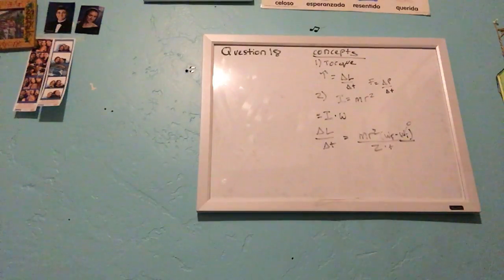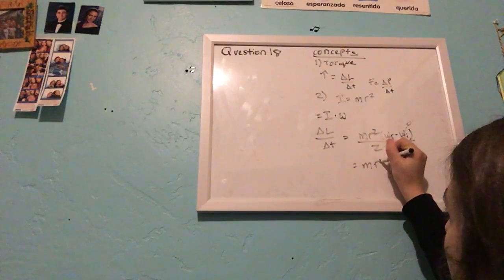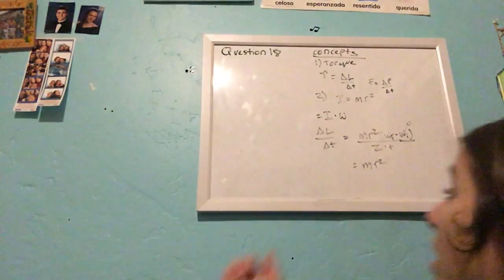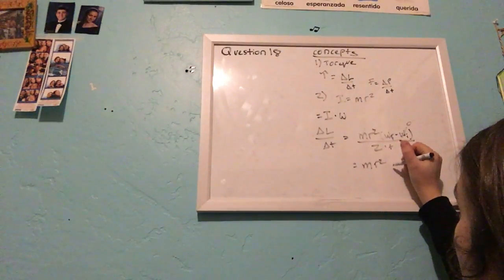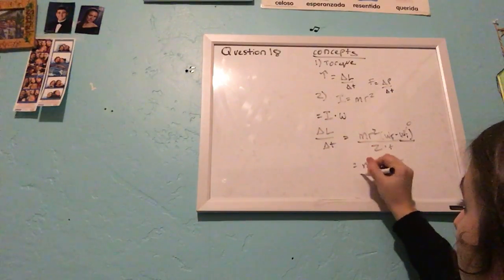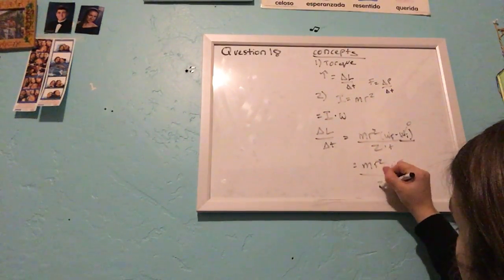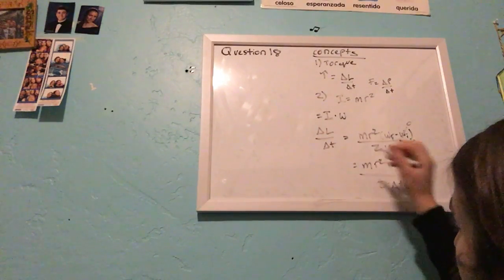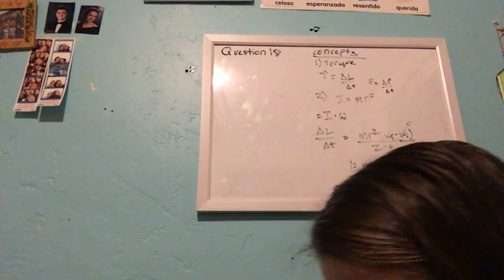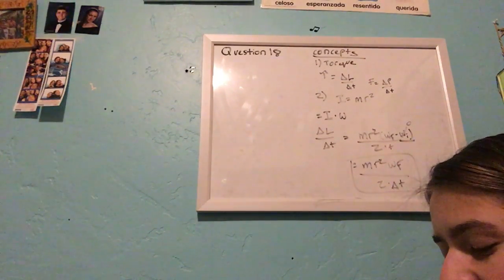So we have mr squared, and the final angular velocity is when they're both moving together. What we finally get is mr squared times the final angular velocity, divided by 2 times the change in time. That is our correct answer, so the correct answer to question 18 is C.